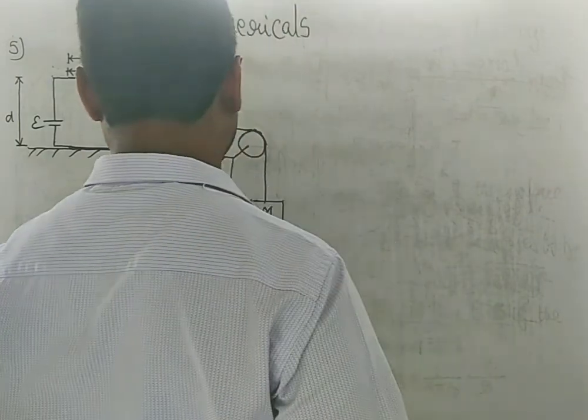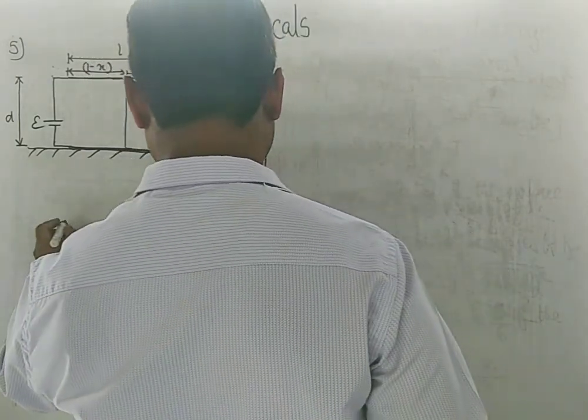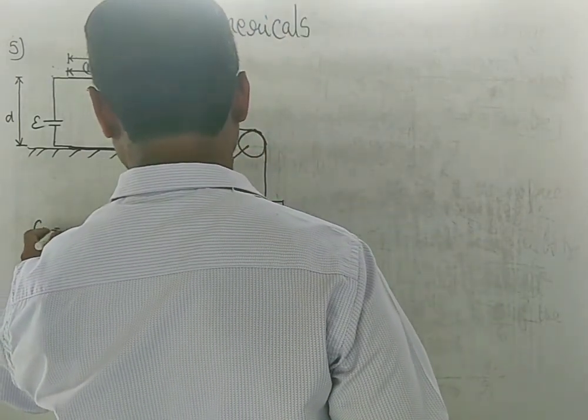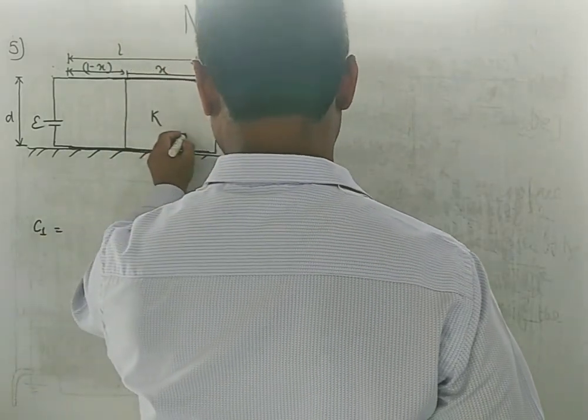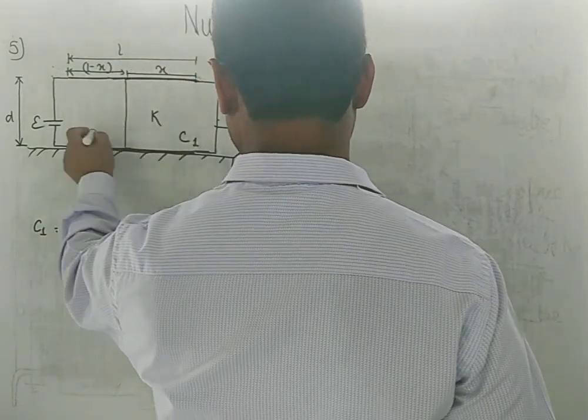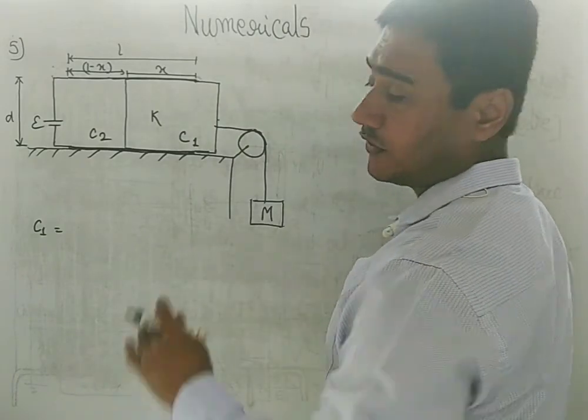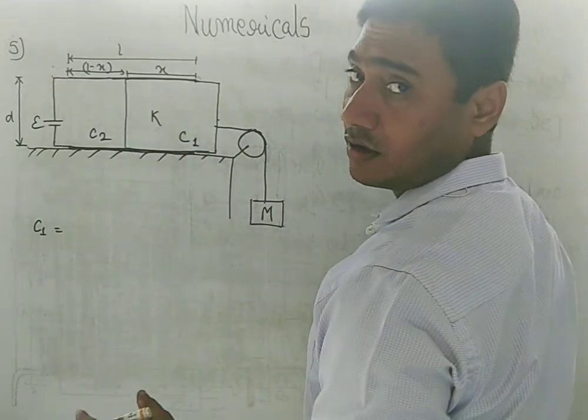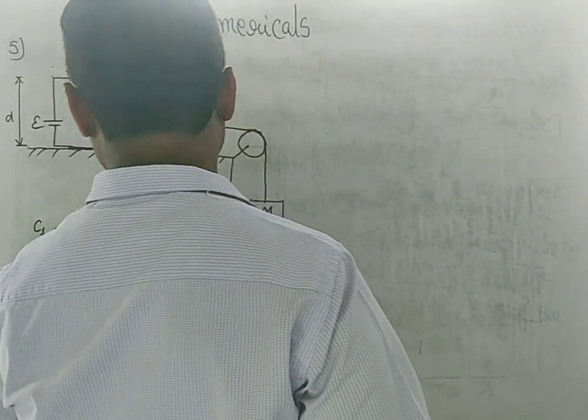To begin, the capacitance we call C1 and this one C2, and they are both connected in parallel. So first let's calculate C1.